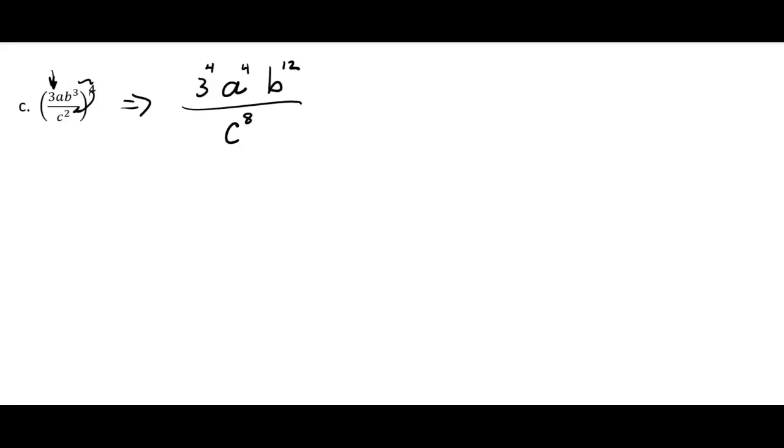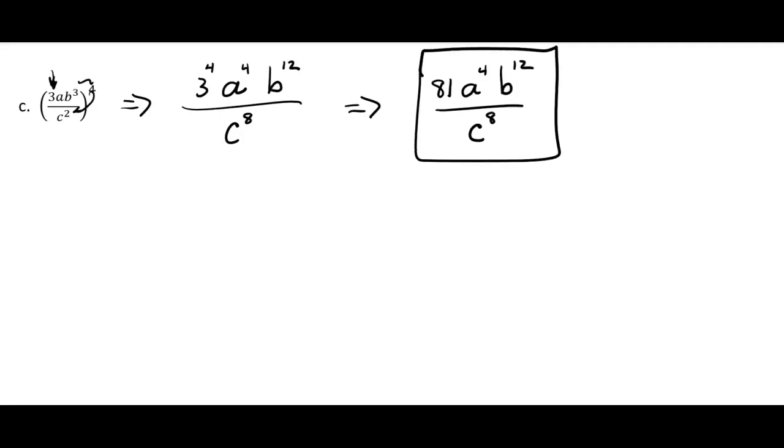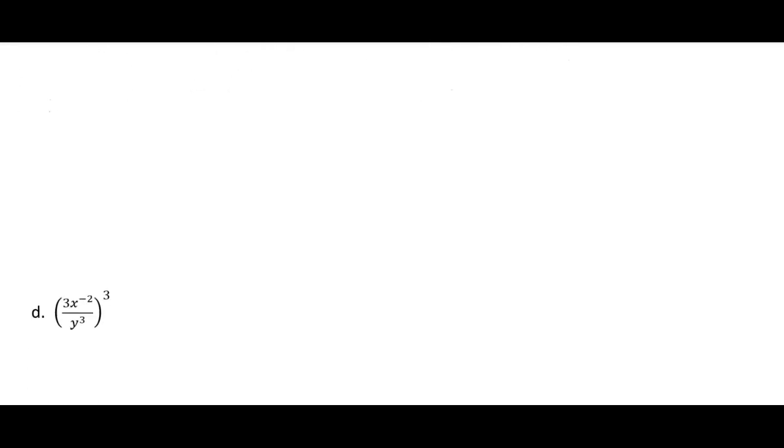I think they would multiply out that 3 to the 4th. So 3 times 3 times 3 times 3 is 81. And then a to the 4th, b to the 12th, over c to the 8th. And that one's done because the bases are different. The a, b, and c are all different.